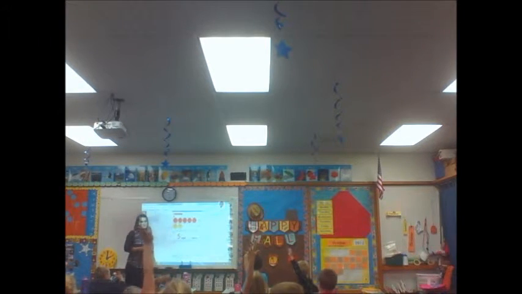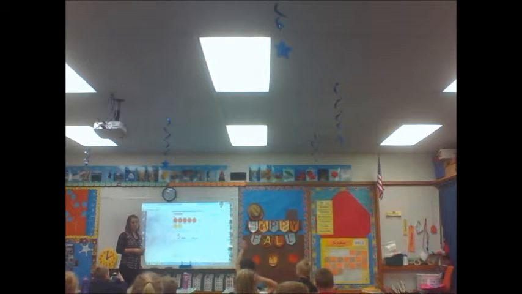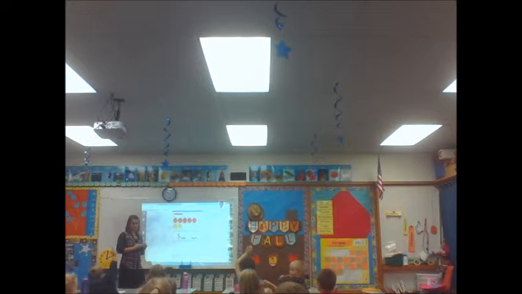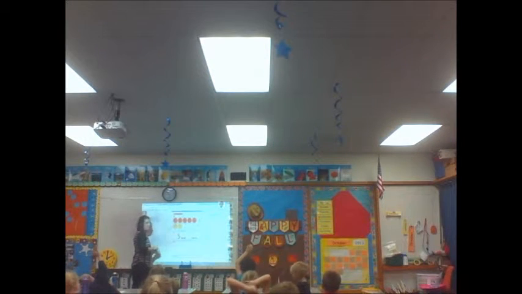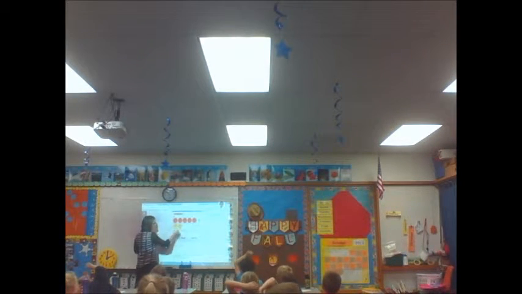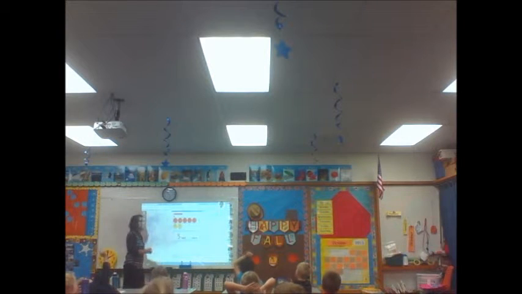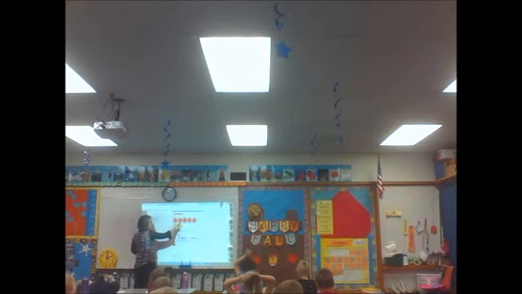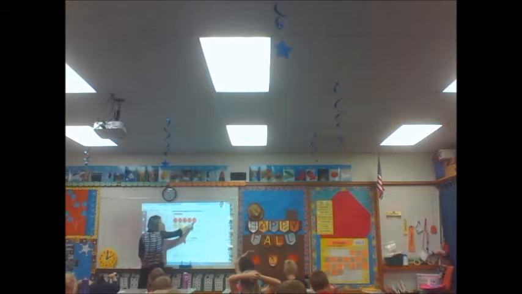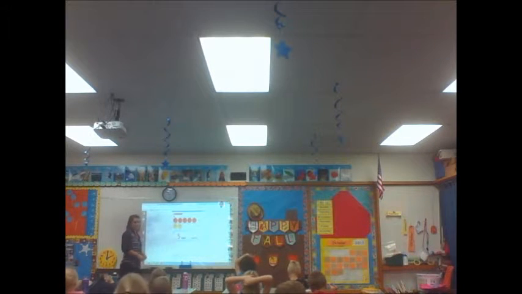What do you think, Max? 1 more? Is that what Isaiah said? He said 1 more. Let's count them. How many would we have? 1, 2, 3, 4, 5, 6.